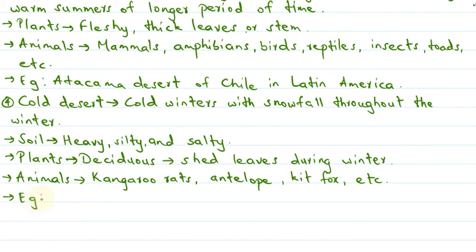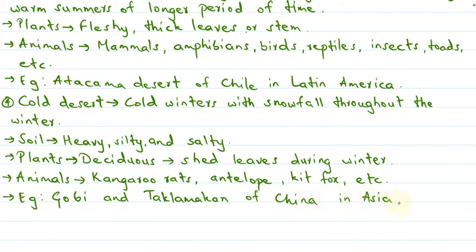An example we can include here is Gobi and Taklamakan of China, that is in Asia. Okay, so these are the examples of cold deserts.